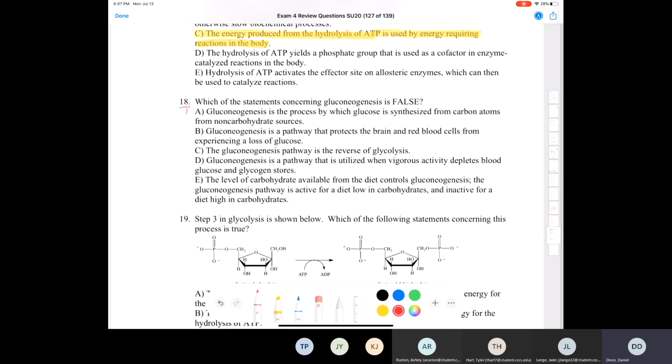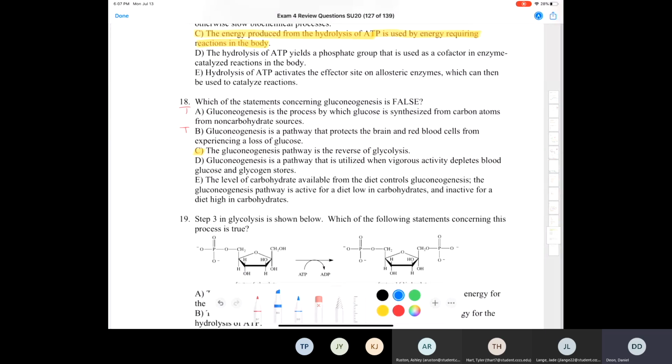B, gluconeogenesis is the pathway that protects the brain and red blood cells from experiencing a loss of glucose. This is also true. It says here in C that the gluconeogenesis pathway is the reverse of glycolysis. That is false. It is not true.